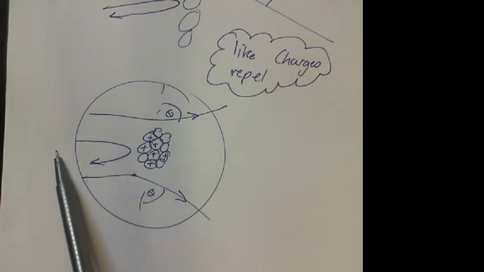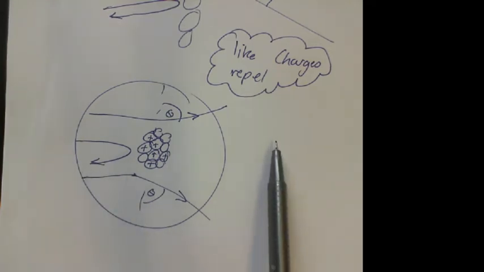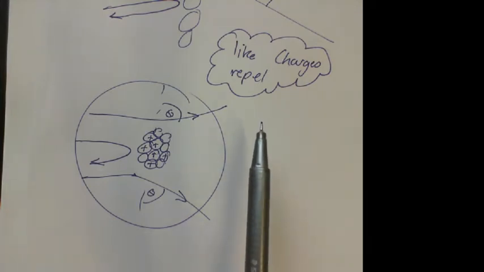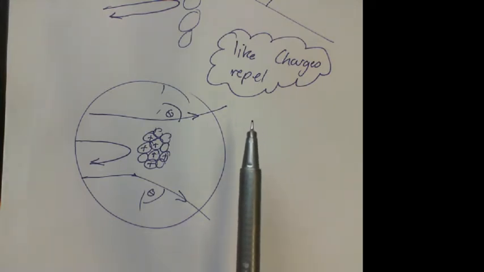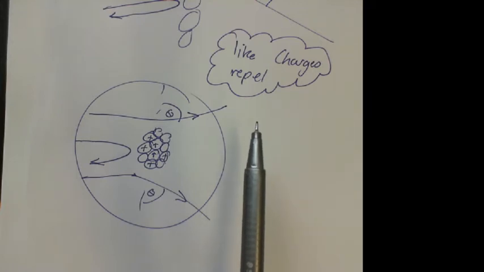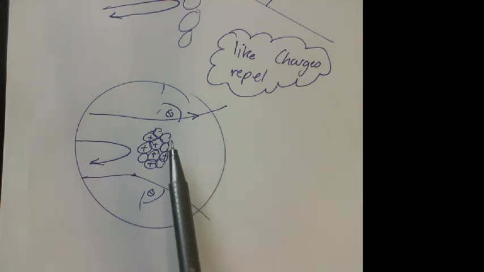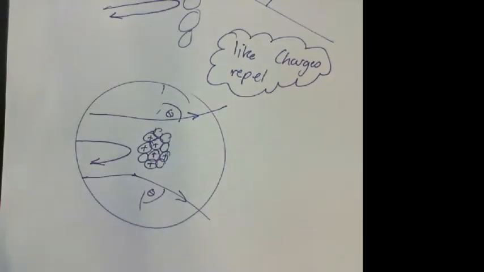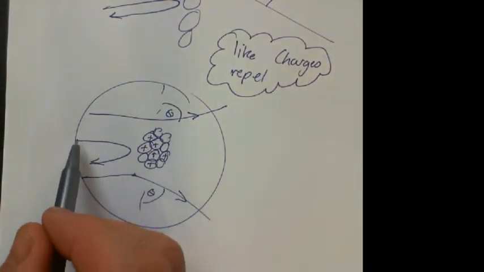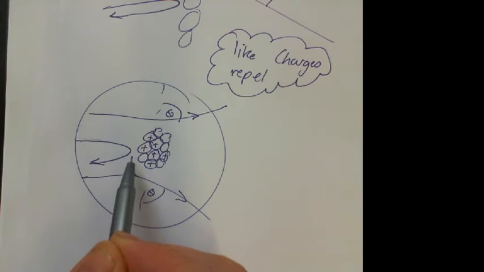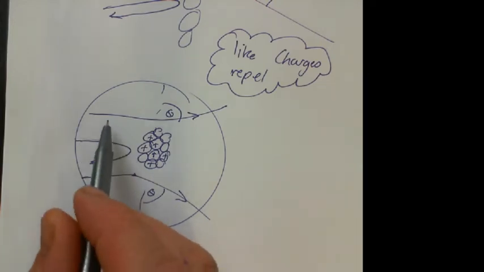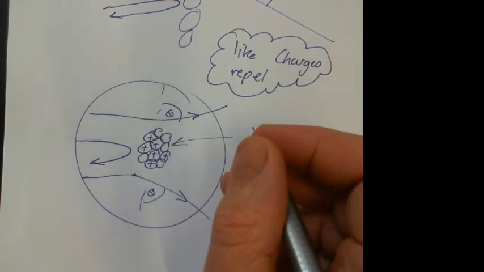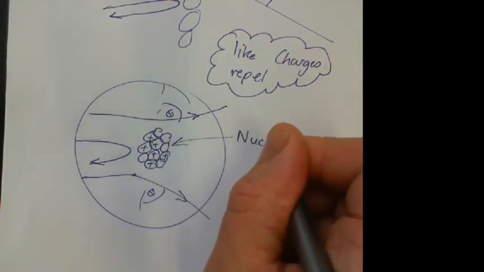The alpha particles would just go straight through it, because it'd be like firing a machine gun at a plum pudding and some of the bullets bouncing back. It just wouldn't happen. It's not dense enough. So what he said was, all of the charge must be concentrated in one small area, so that when the alpha particle hits that small area, it is dense enough to bounce it back or to deflect it. And we now call that small area where all the positive charge is concentrated the nucleus.